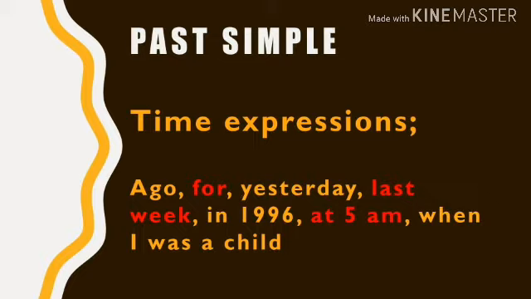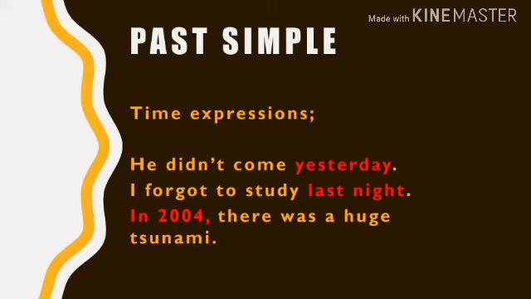It could be last night, it could be 2 days ago, 3 days ago, in 1996, in September, in 2015, and then at 5 a.m., at 3 p.m., when I was a child, when I was 5 years old, when I was on the first grade, and etc. There are a lot. The examples: he didn't come yesterday, I forgot to study last night, in 2004 there was a huge tsunami.